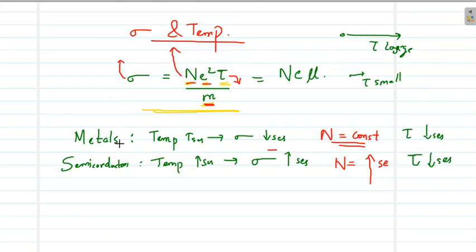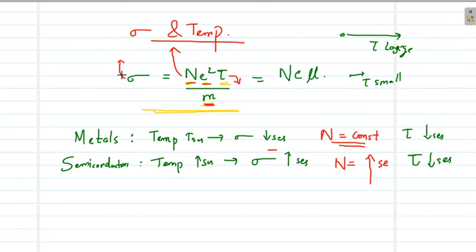But in the case of metals, n was a constant and tau was the determining factor. So we can see that the free electron theory is also able to explain the dependence of sigma on temperature.